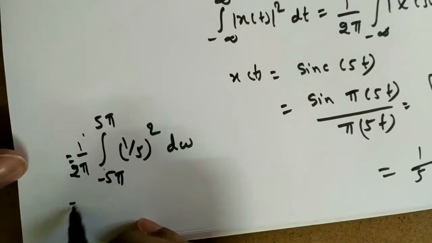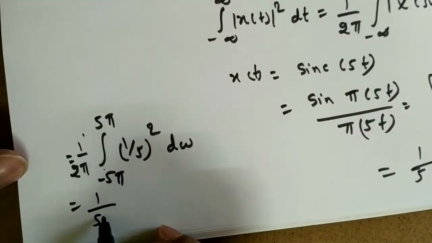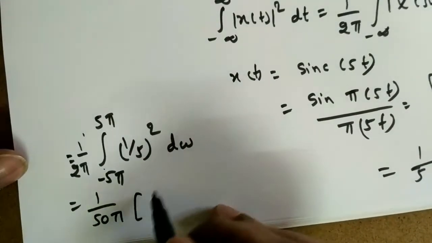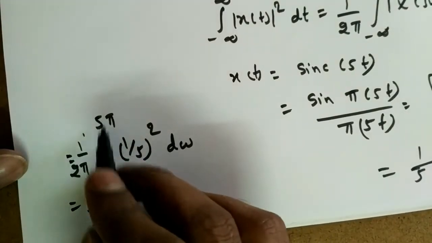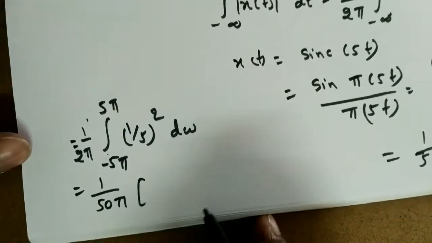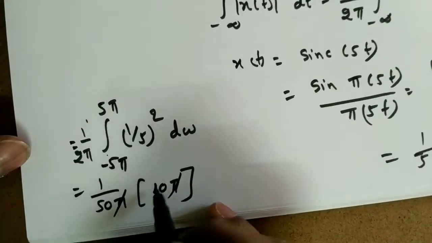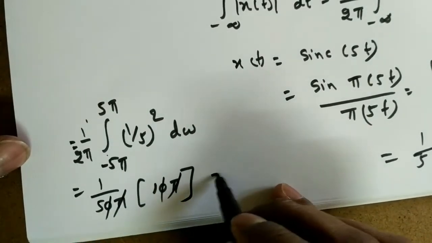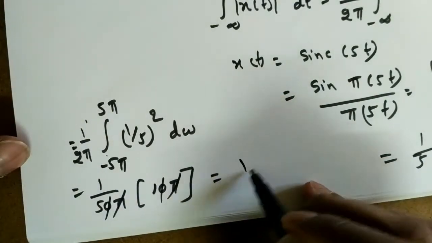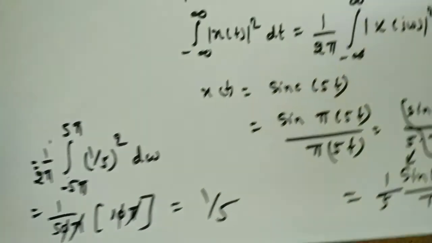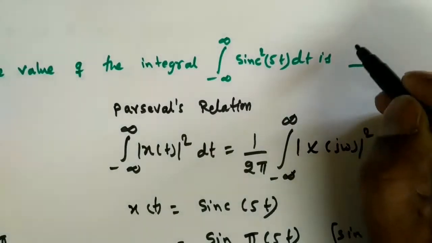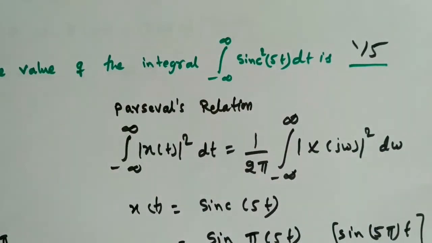Now 1 by 5 square means 25, so this is 50 pi, and we only get omega because this is constant. So omega means 5 pi minus of minus 5 pi, simply we get 10 pi. So pi cancels, and the value is simply 1 by 5. A very simple question.